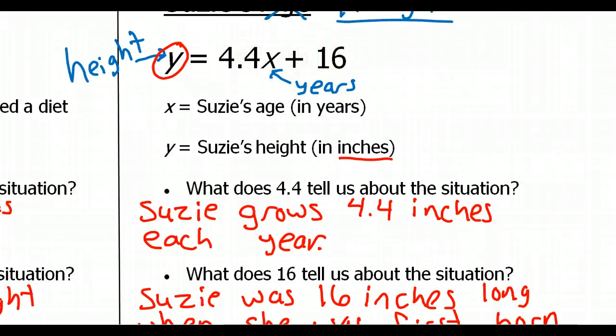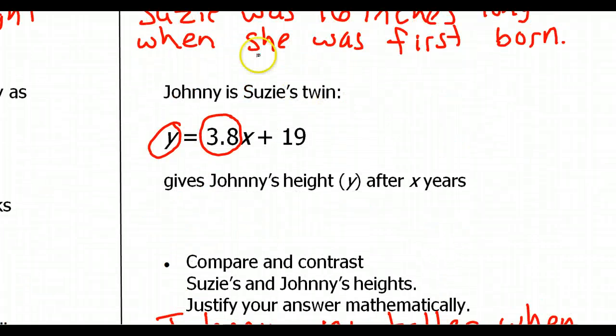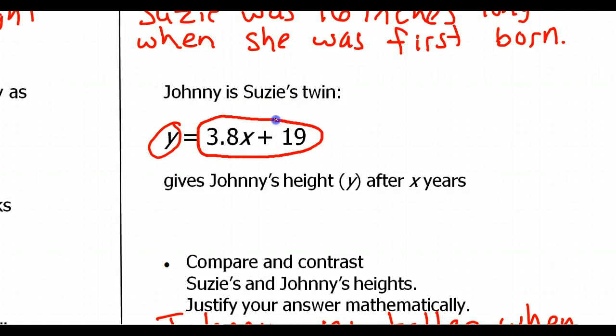Let me show you what I mean. This whole thing is an expression for Susie's height, the 4.4x plus 16. And this whole thing down here is an expression for Johnny's height at any given time.